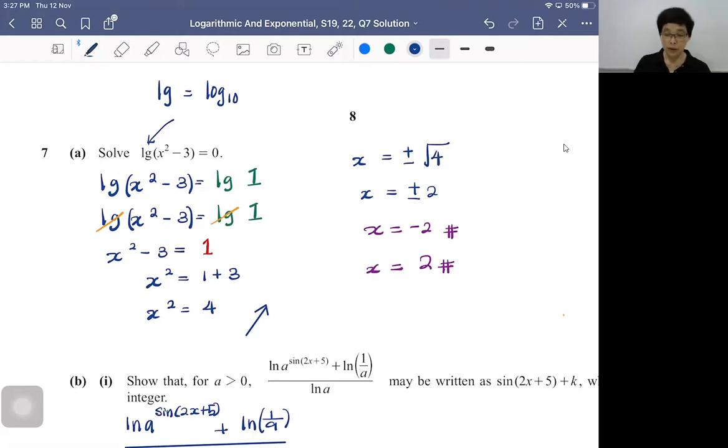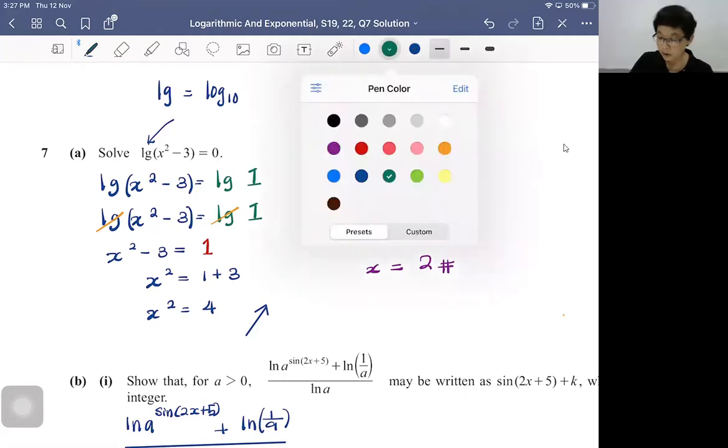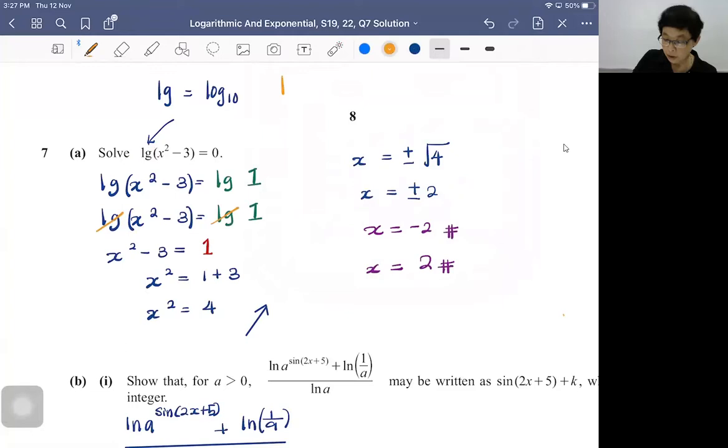Let me put it down here as a reminder. If we have log to any base, if the inside is a 1, then this whole thing will surely give us a 0. That is the rule that we are going to take advantage of.